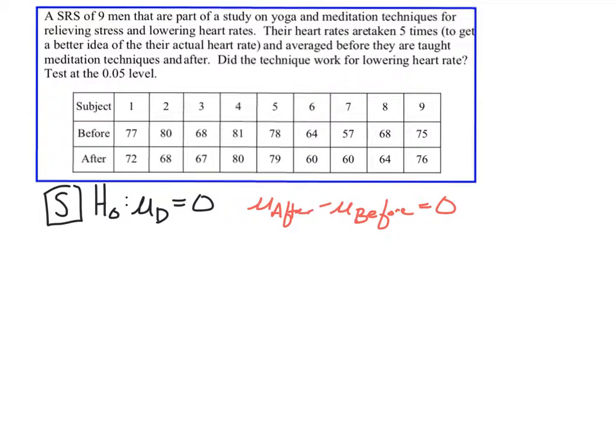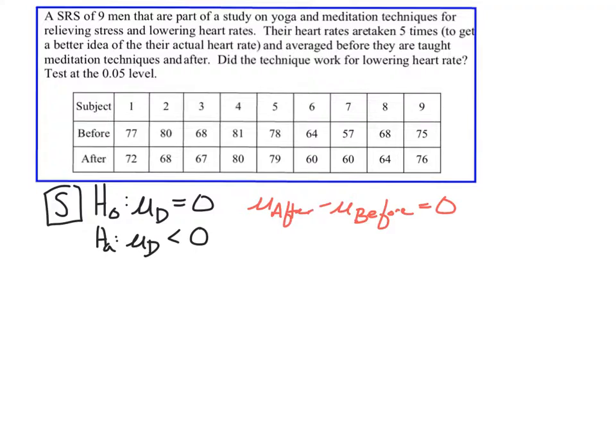The alternative in this case is that the average difference is less than 0, because we think that the mu after minus mu before, the after should be smaller. Their heart rate should have gone down.